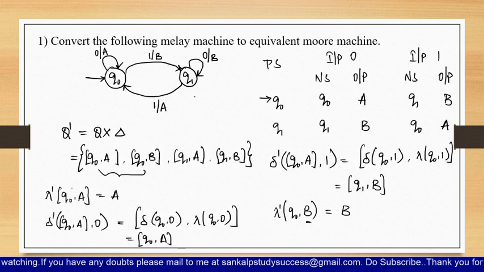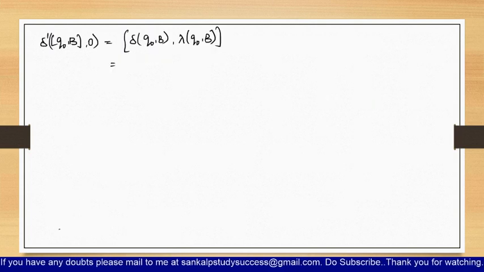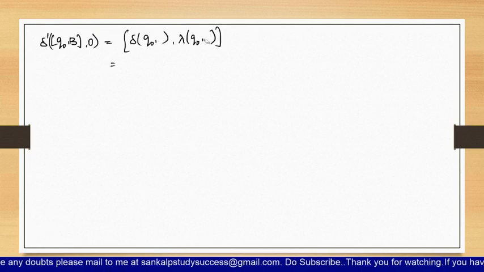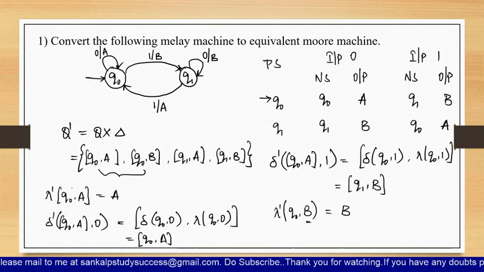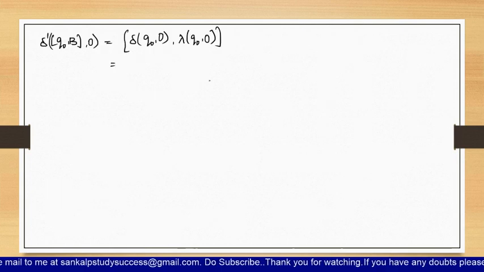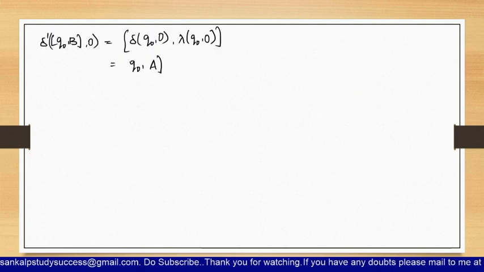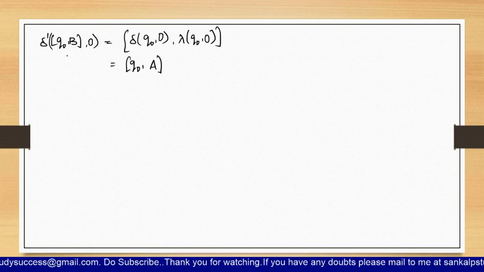Here transition function of Q0, comma, which is not B, right, which is 0 actually. So now let us change to (Q0, 0) and (Q0, 0). Then the transition function of (Q0, 0) is nothing but Q0, and (Q0, 1) is nothing but Q1. But here we need to also find the output, which is A, so (Q0, A). That means the transition dash of (Q0, B), if you apply 0, you will get (Q0, A).